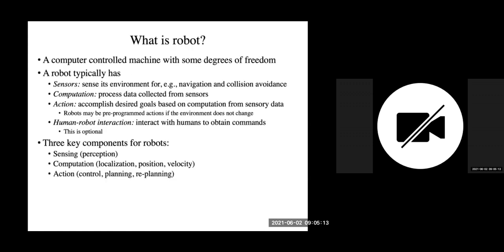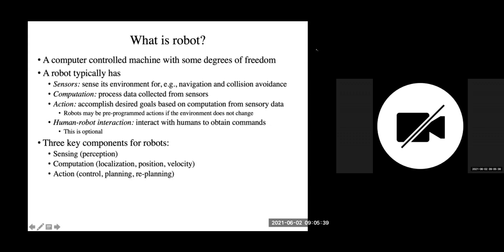Okay, let me move this a little bit so I can see my screen well. So the first one is, what is robotics? This is a definition from Wikipedia. They call it a computer-controlled machine with some degree of freedom, which means you must have some degree of freedom.